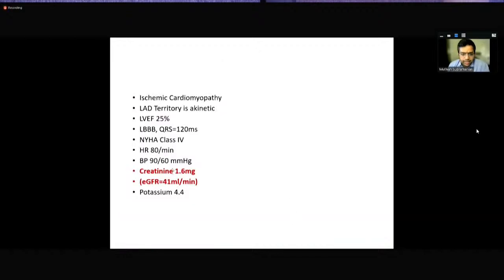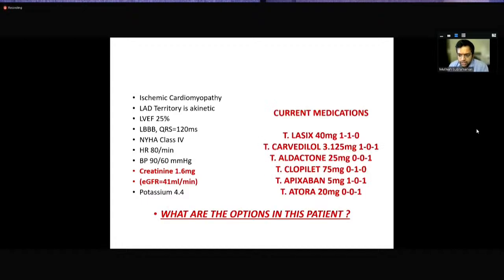So this man had an ischemic cardiomyopathy, LAD territory was akinetic, LVEF was 25%, NYHA class 4, heart rate was 80, BP was 90/60, creatinine was 1.6, eGFR was 41, and potassium was 4.4. Current prescriptions: he has a diuretic, a beta blocker, an MRA, an antiplatelet, an anticoagulant for the underlying atrial fibrillation, and a statin.